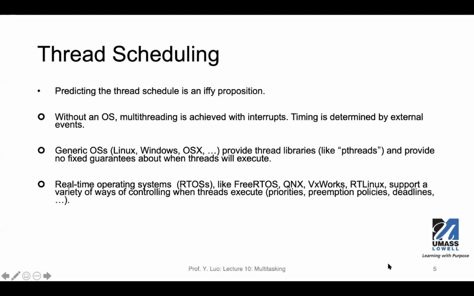For real-time operating systems, things are a little bit different. They have different ways of controlling when threads execute. They can use priorities. They can use preemption policies, which means that at certain times, one particular thread can preempt or take over the CPU from other threads.